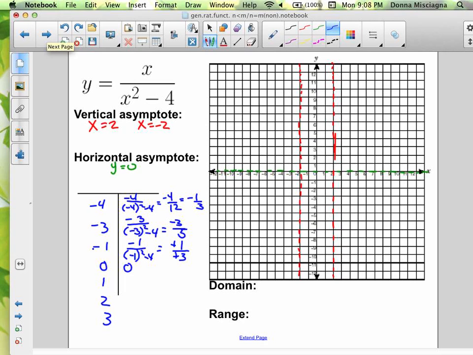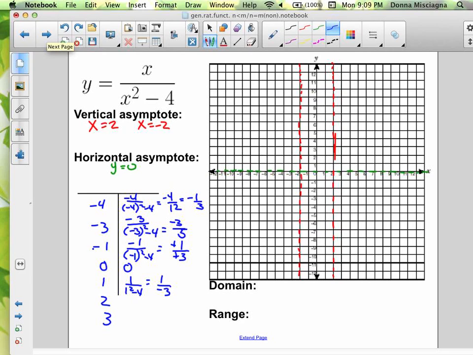All right, we've already got the 0. Now when I plug in 1, we've got 1 divided by 1 squared minus 4. That's going to be 1 divided by 1 minus 4, so that's going to be -1/3. So just the opposite of what we got when we plugged in -1.